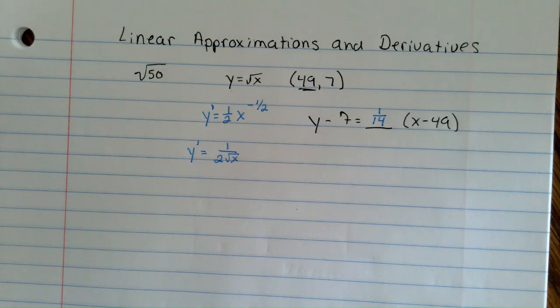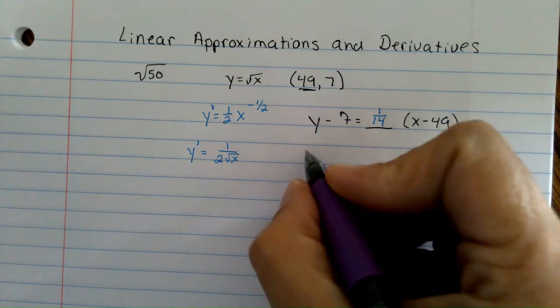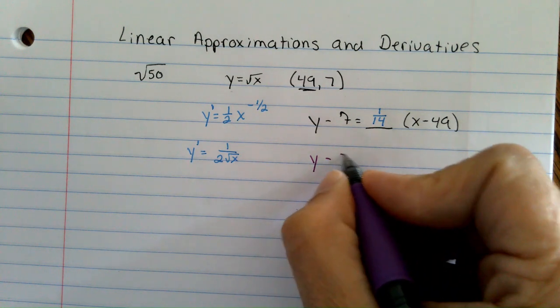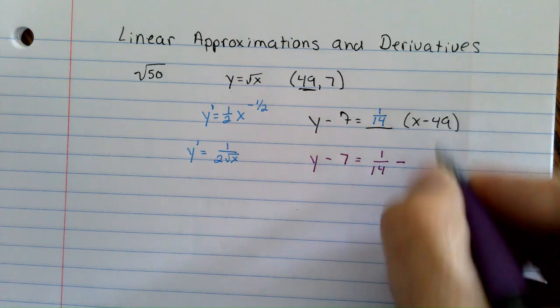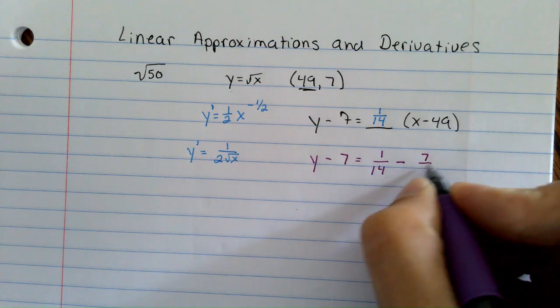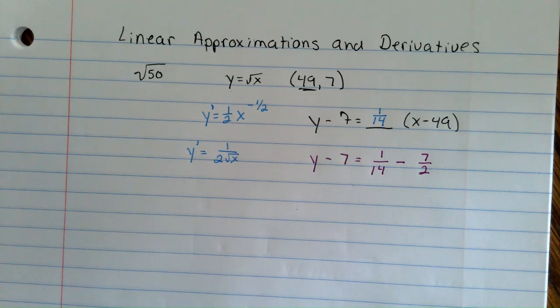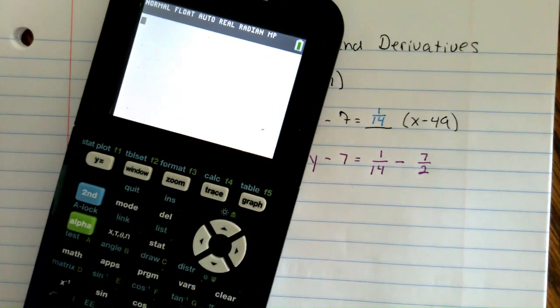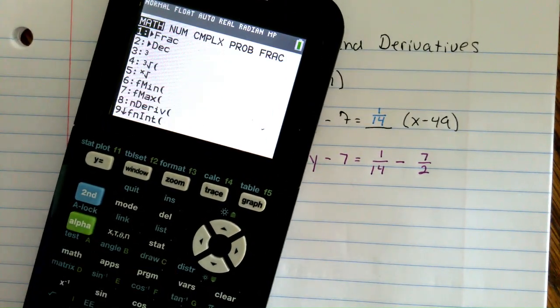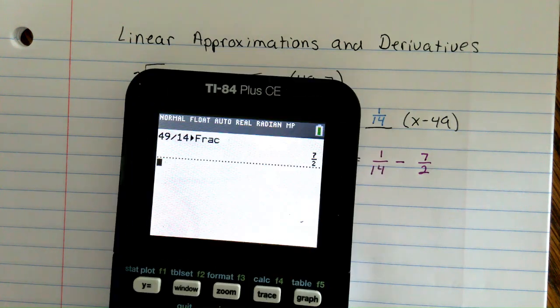So now I have a tangent line. y minus 7 equals 1/14 times x minus 49. 49 divided by 14, make it a fraction: yes, 7/2.